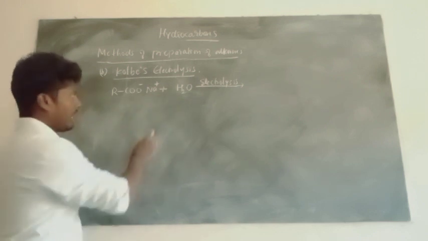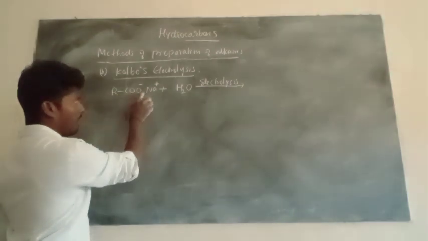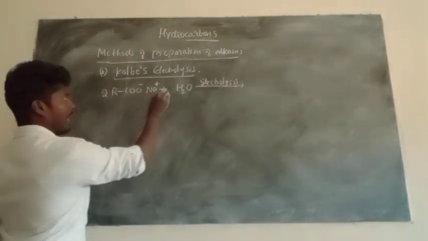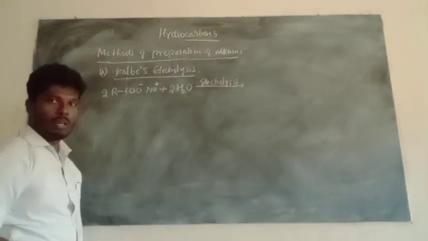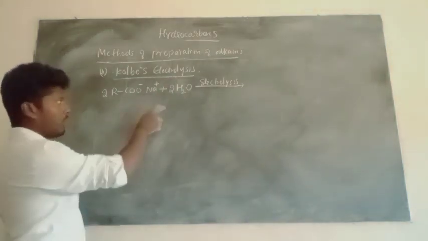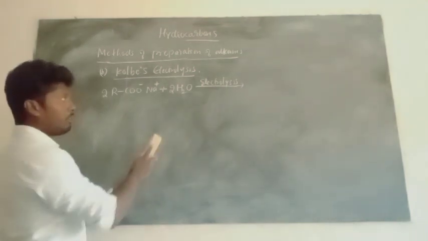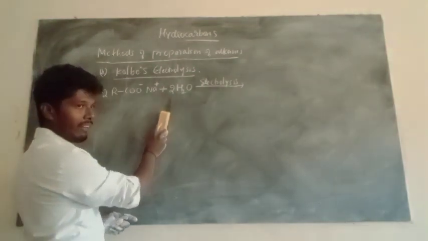Now observe here, we are taking only one molecule of sodium carboxylate. Just take 2 molecules, and similarly take 2 molecules of water. These undergo electrolysis, resulting in alkane.